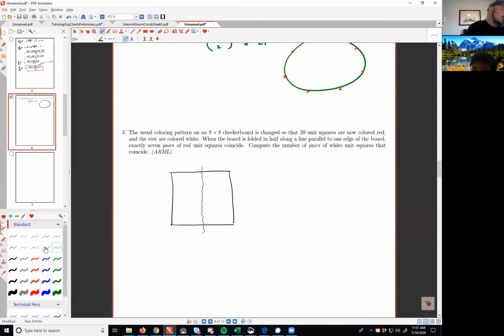So we have 8 times 8, 64 squares. Oh. 19.